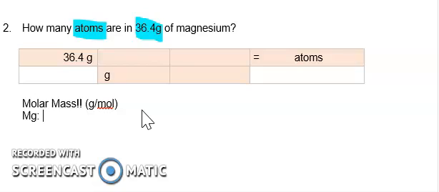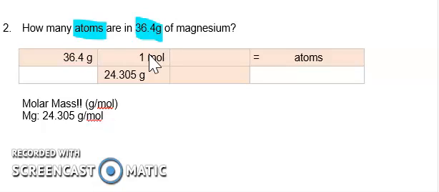If you look at the periodic table, the molar mass of magnesium is 24.305 grams per mole. That means there is 24.305 grams in 1 mole.